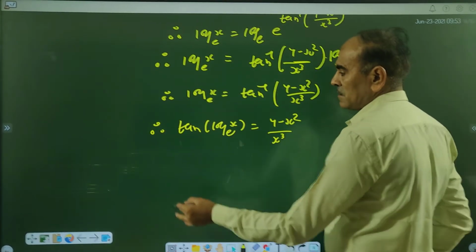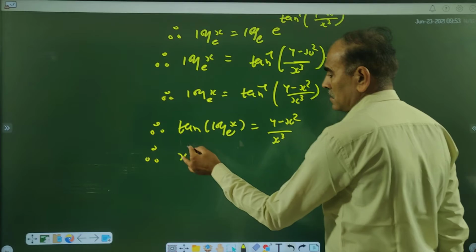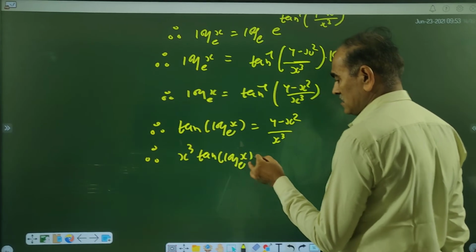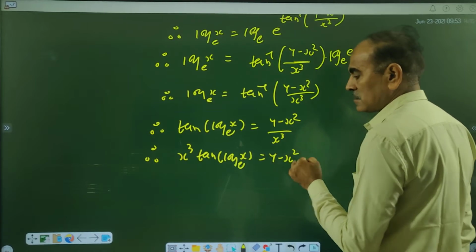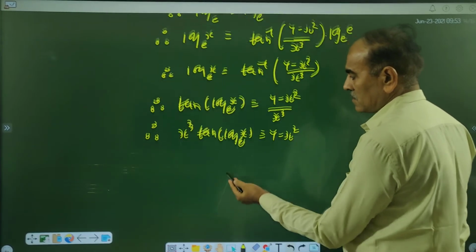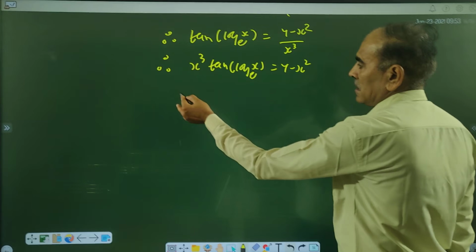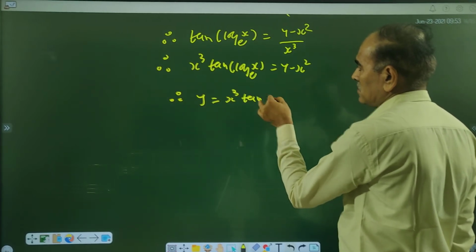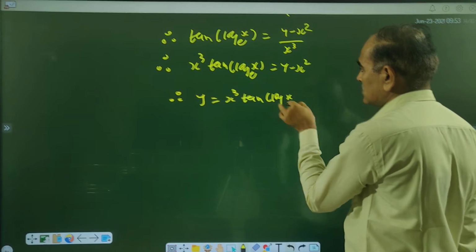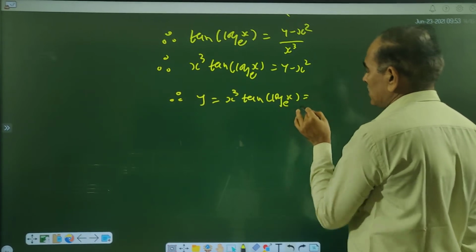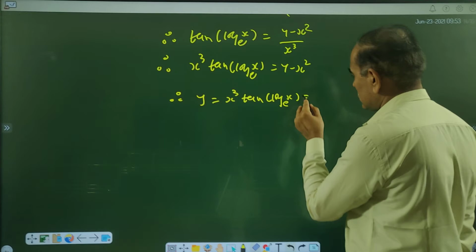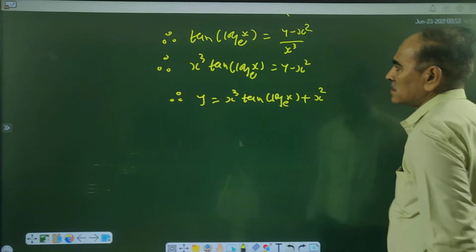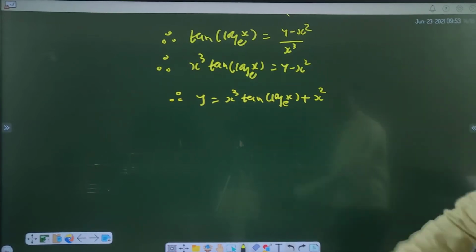Take x cube to the left hand side: x cube tan of log x by z is equal to y minus x square. So what is y? Therefore y is nothing but x cube tan of log x by z plus x square. Or x square plus this thing.